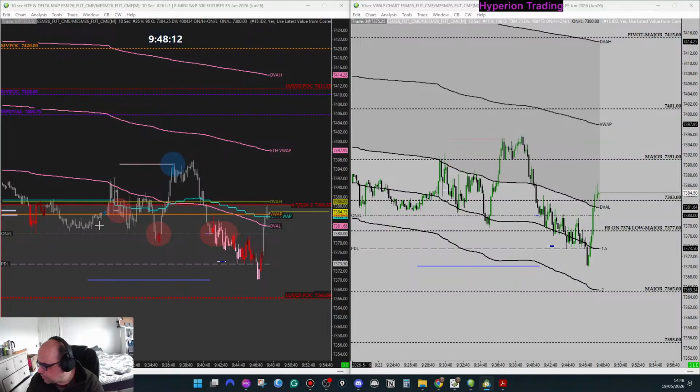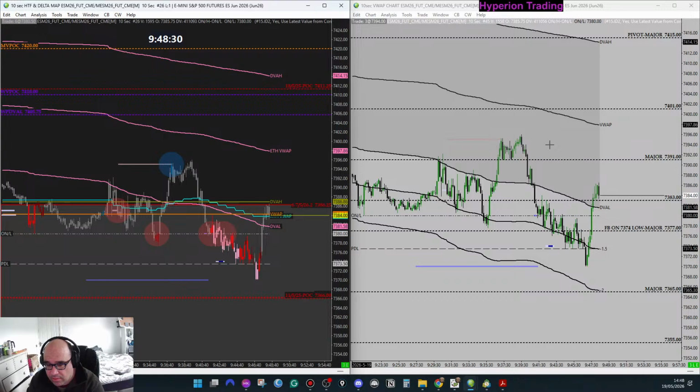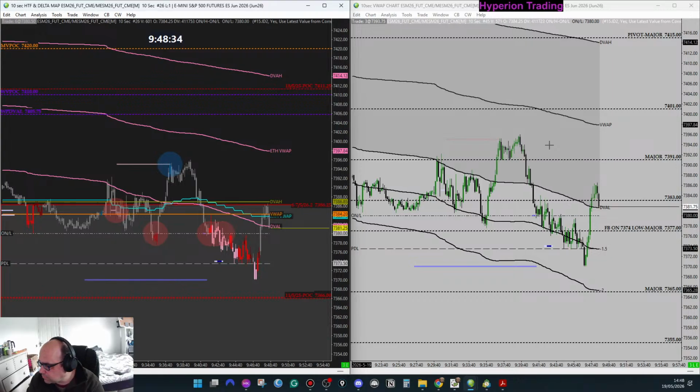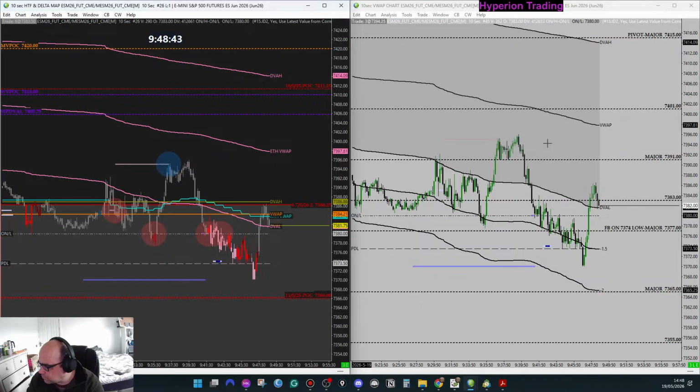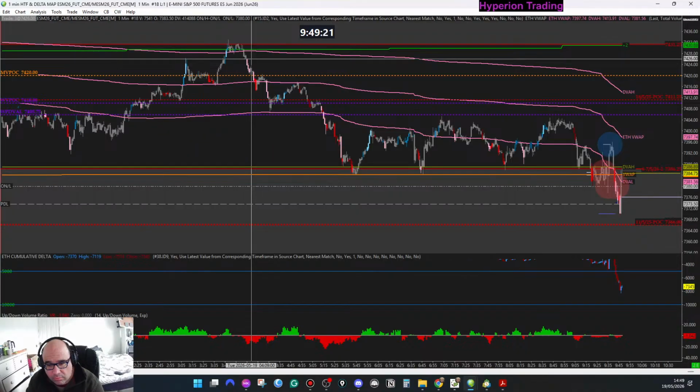We did the fair breakdown now. We can see that here. I entered a long position about here, maybe a bit early, but we were within the DVA low, that's why. Okay, we see some really good price action now.